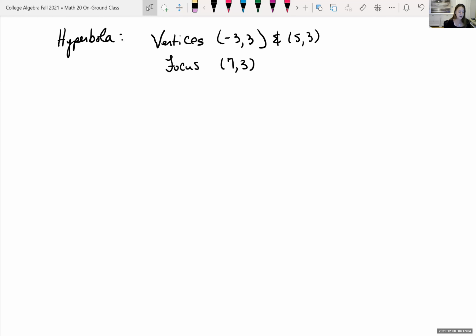Given information about your conic section, you should be able to find the equation. And so in this next example, we're given that it's a hyperbola. We have vertices at -3, 3 and 5, 3, and a focus at 7, 3. So the first thing that you want to do is plot this. So plot our points.